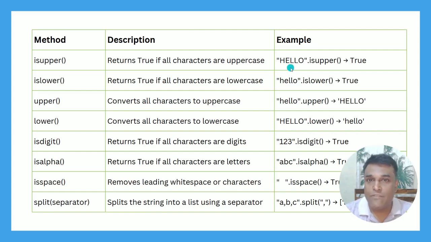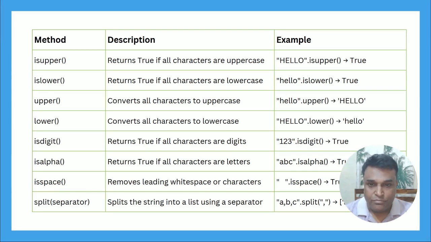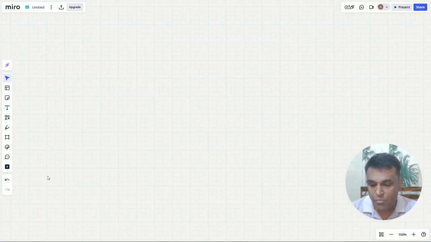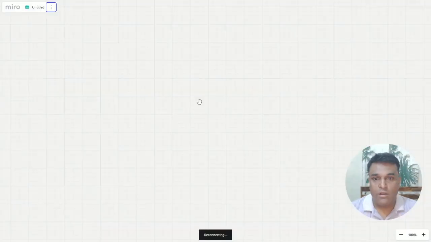There is an example given over here, and we are going to look at the example and take many such cases, because just one example will not make things clear. Similarly to isupper, we have islower. They return a boolean value. Boolean value means either true or false. So we're going to switch to the board and I'm going to explain in a much better way.